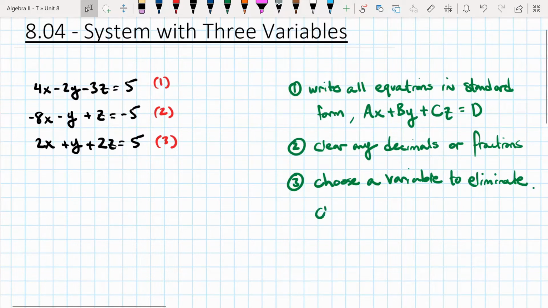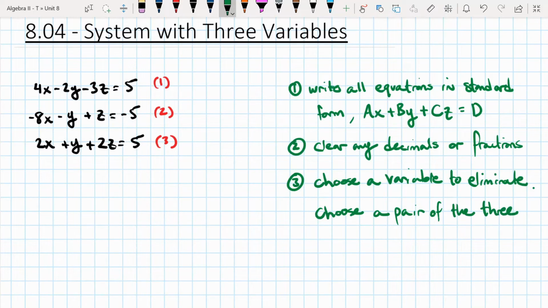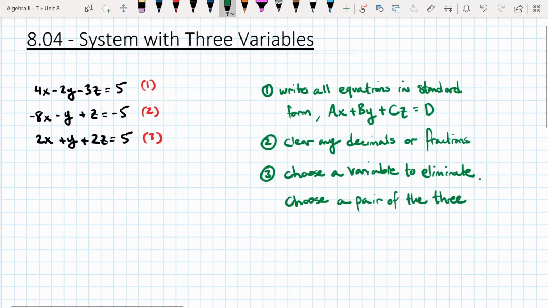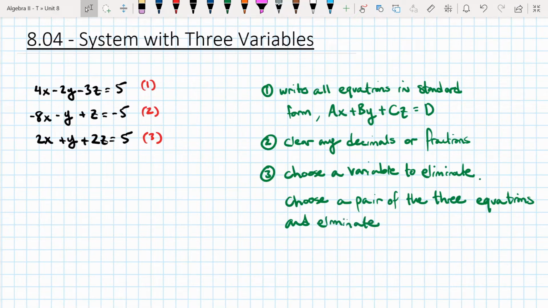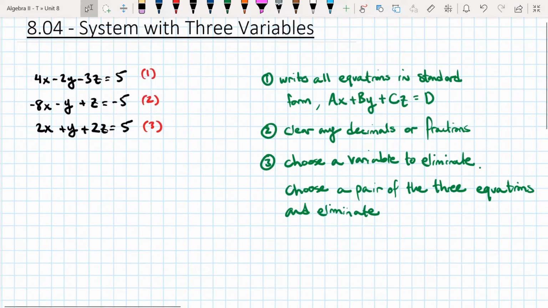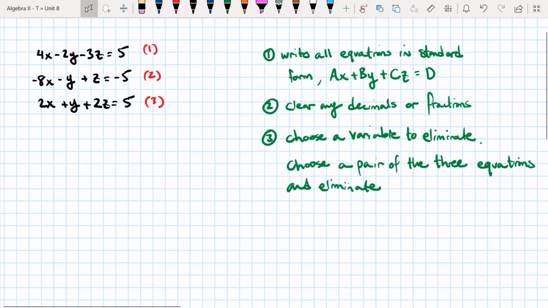Now we're going to choose a pair of the three equations. This is still part of step 3. We're going to choose a pair of these three equations and eliminate the variable. For this one, we're going to eliminate the variable y.